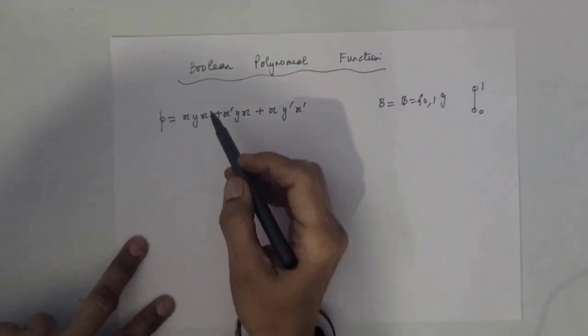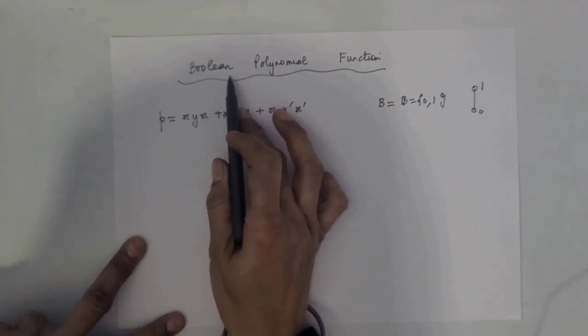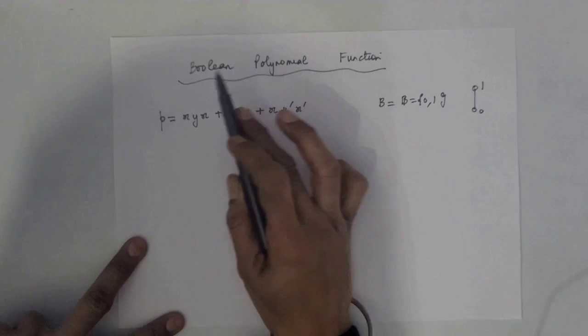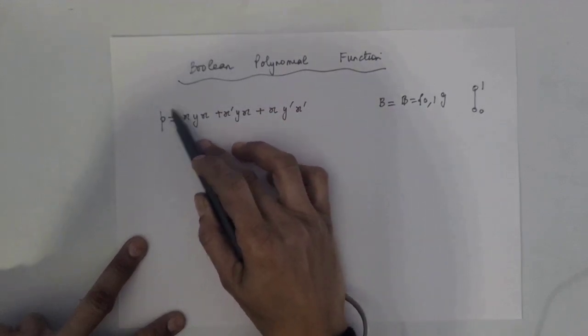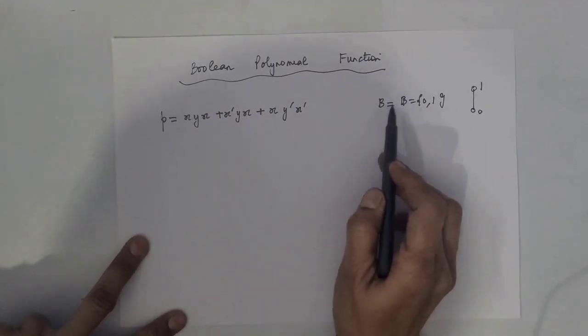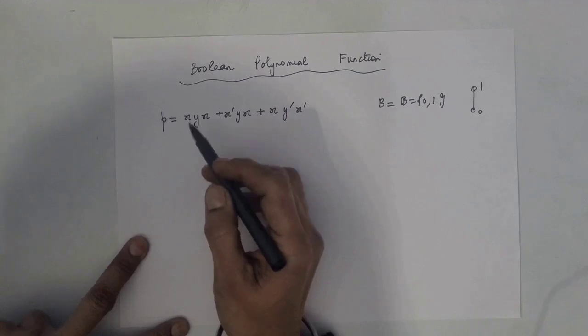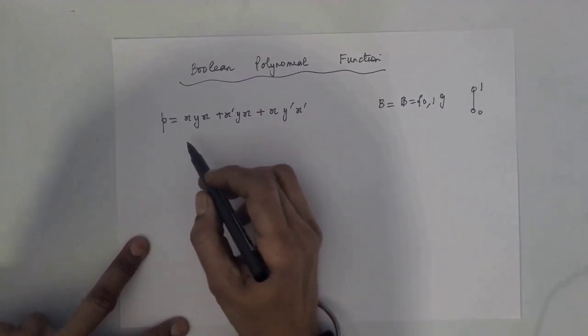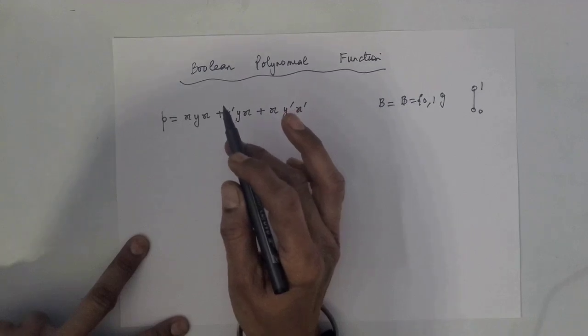Now, as I already said, whenever you have to discuss the concept of Boolean polynomial function, a Boolean polynomial function always corresponds to some Boolean polynomial P over some Boolean algebra B. So before you start with the concept of Boolean polynomial function, there are two things required in hand.